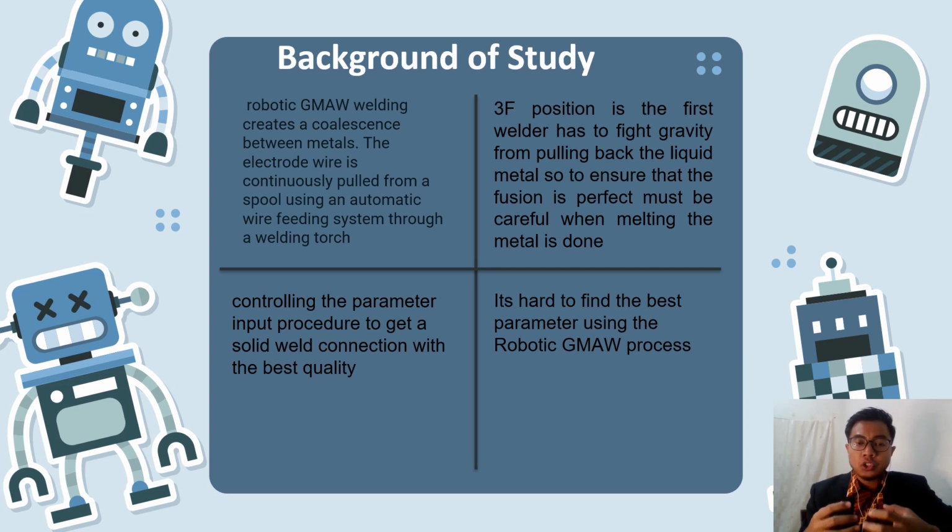Next is controlling the parameter input procedure to get a solid welding connection with the best quality. Lastly, it is hard to find the best parameter using the robotic GMAW process. All of this is the background for my research.